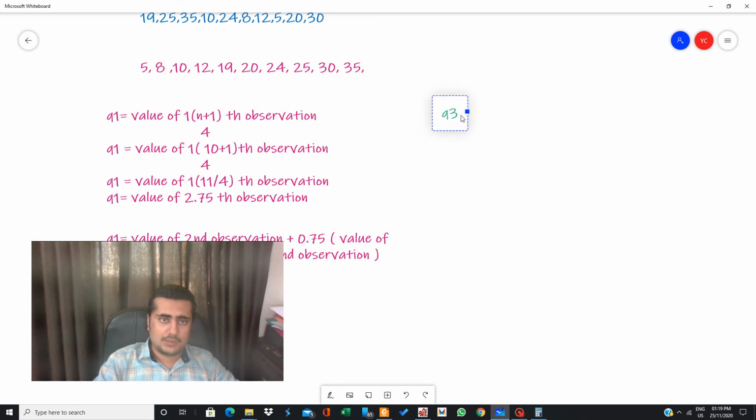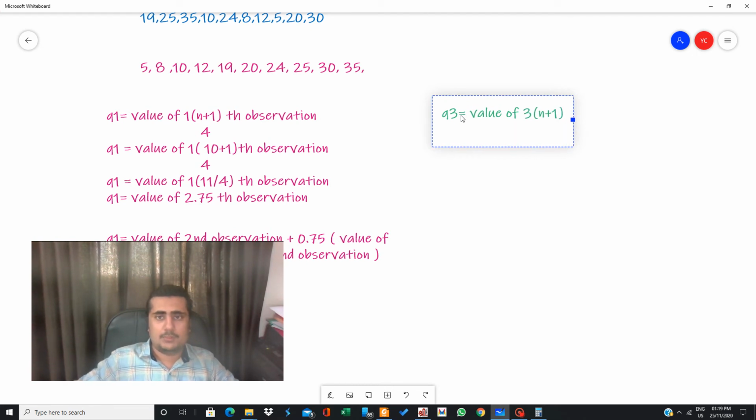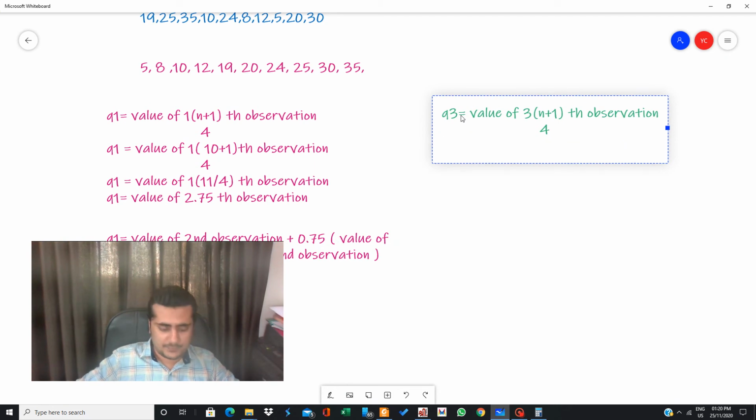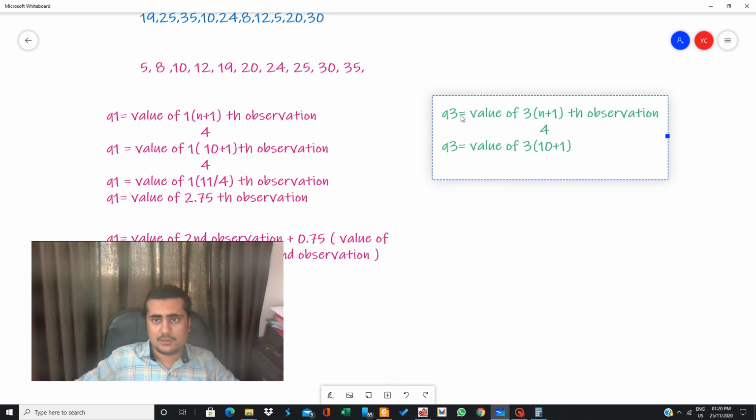Now your Q3 is value of 3 into n plus 1 upon 4th observation. So your Q3 is equal to value of 3 into 10 plus 1 upon 4th observation.